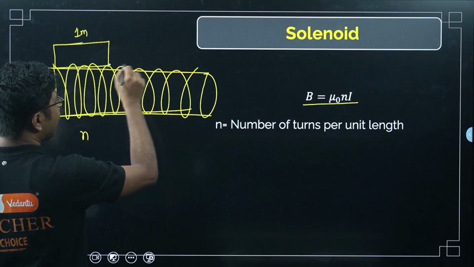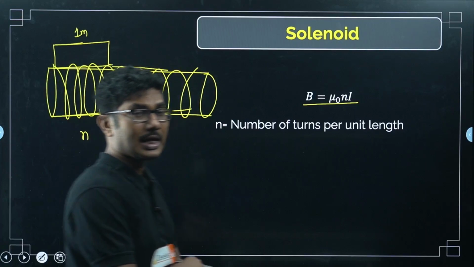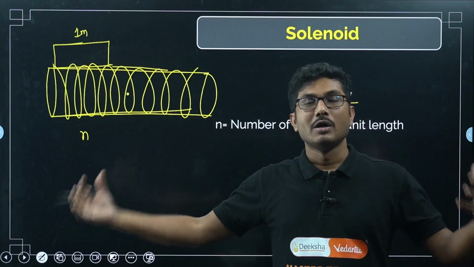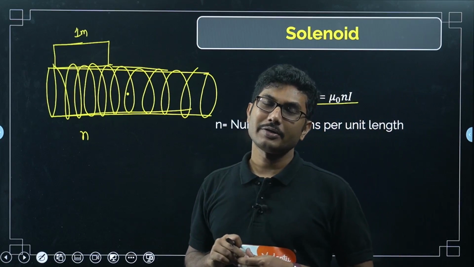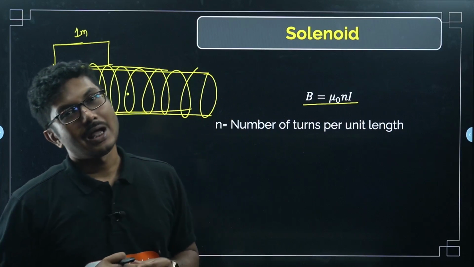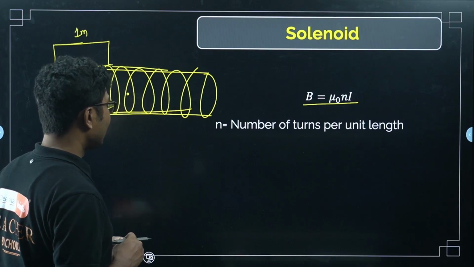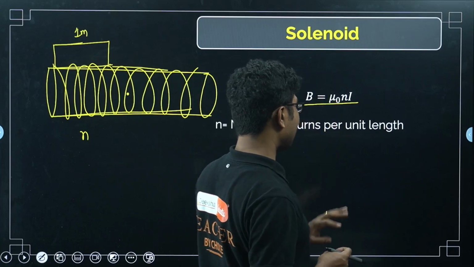It does not matter how many total turns there are. It only matters the number of turns per unit length. Maybe you have only 20 turns, but the length is very small, so number of turns per unit length will be very, very high, right? So don't need to worry. And what else? Mu naught is obviously a constant, i is the current.